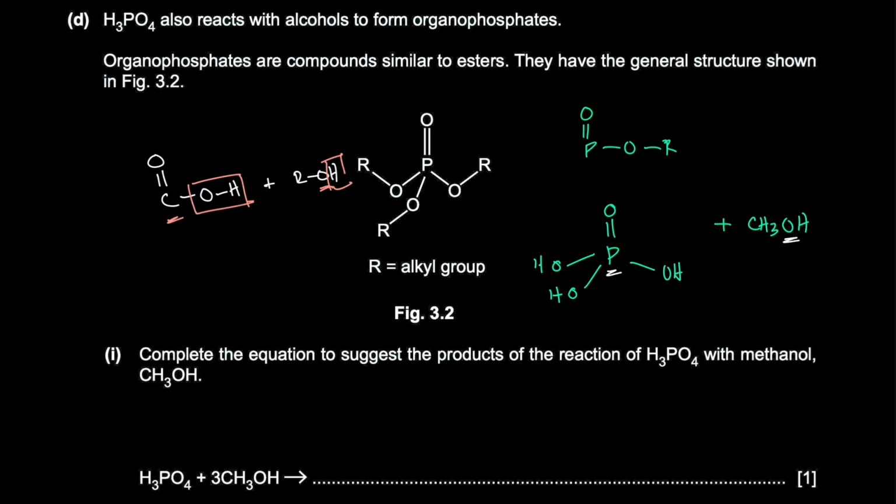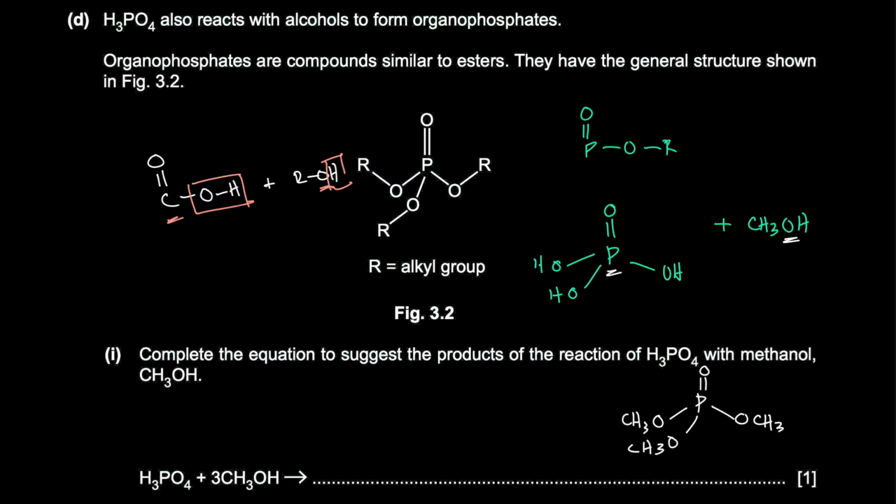We get P double bond O, and then oxygen. This oxygen comes from the alcohol, so we get O and then CH3. Again, oxygen bonds to this phosphorus, so we have O and then CH3. And then again, oxygen bonds to the phosphorus, so we have OCH3.